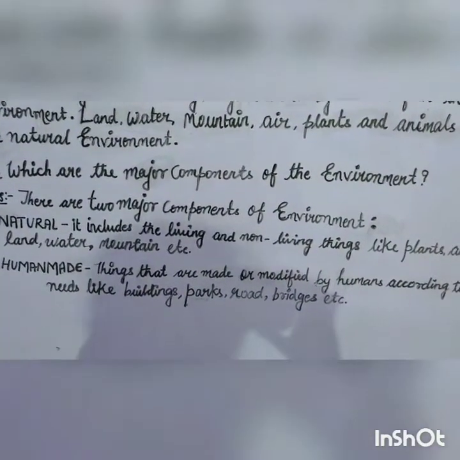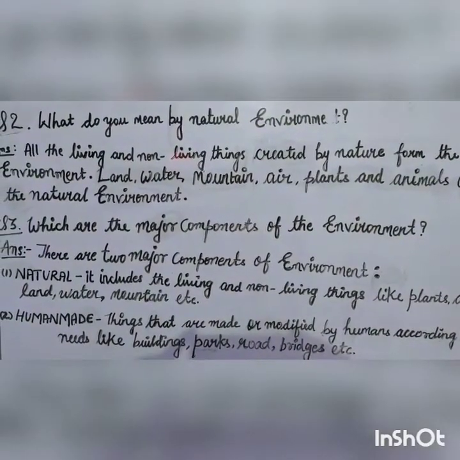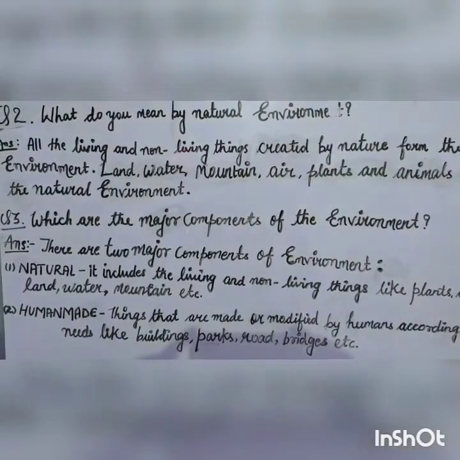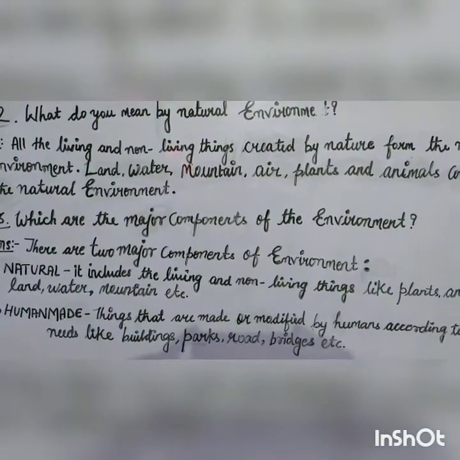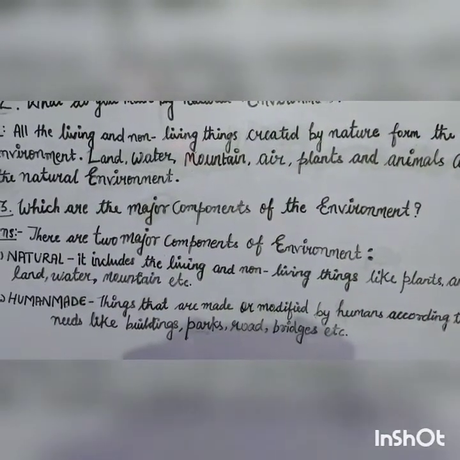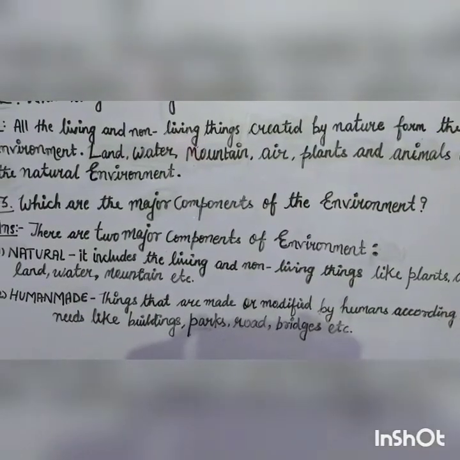Next, question number 3. Which are the major components of the environment? There are 2 major components of environment. First one, natural. It includes the living and non-living things like plants, animals, land, water, mountain, etc. Next, human made.